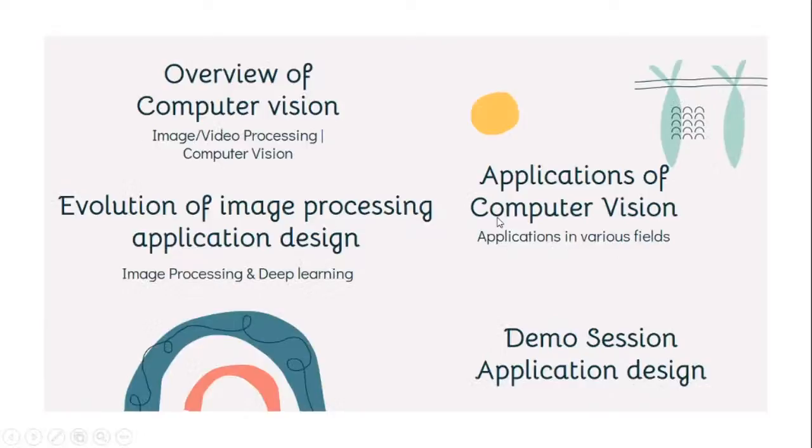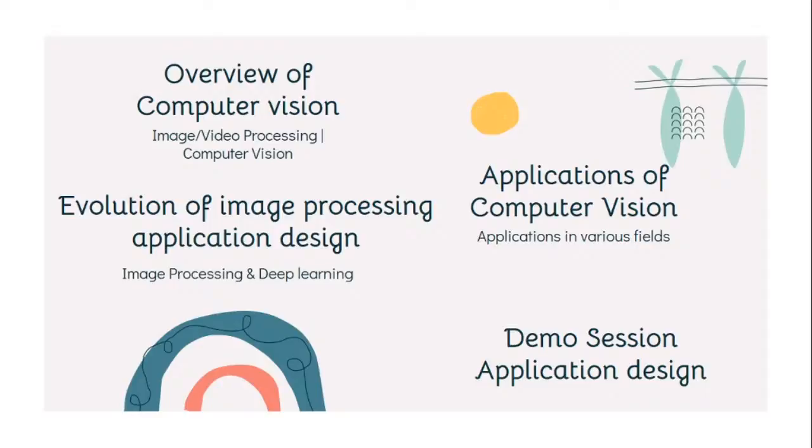So this is an overview of the agenda we are going to see today. First of all, we are going to discuss an overview of computer vision: what is computer vision and what is behind it, what image and video processing is, and the difference between normal processing and computer vision.